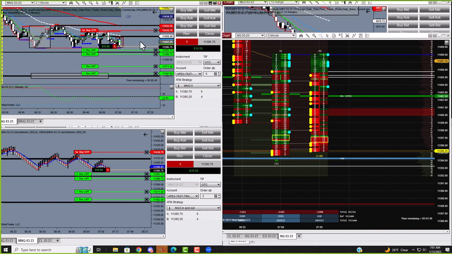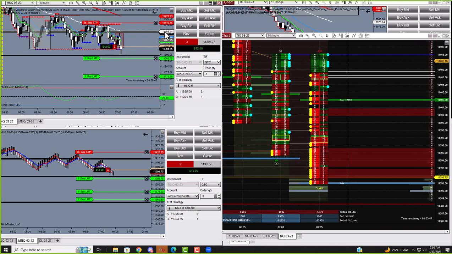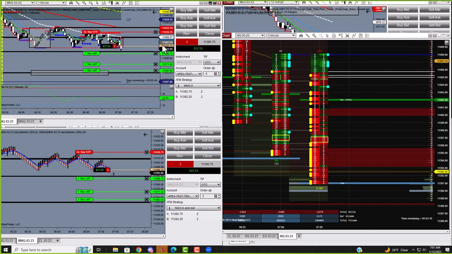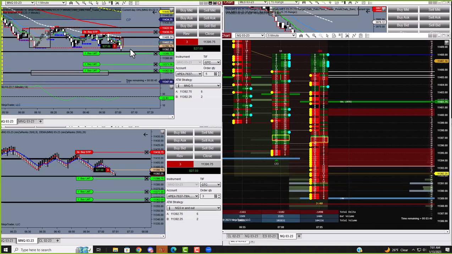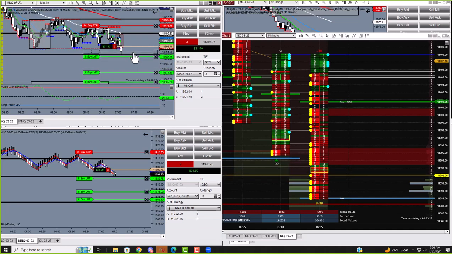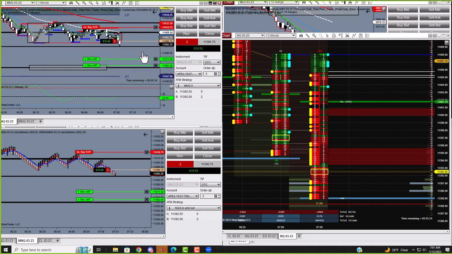Target filled. Target filled. Come on, finish doing it. Yeah, Dave, that 390. Target just filled. 2 runners, guys. We got to get through this support here.